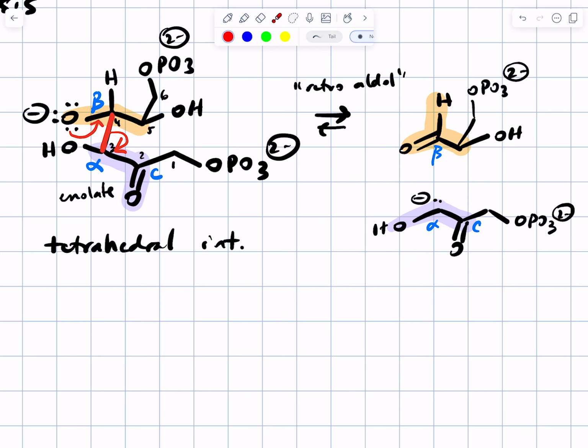This one, once we protonate on the alpha carbon, happens to be called dihydroxyacetone phosphate. You can actually isomerize this one into that one. So this allows you to clip what used to be glucose into 2 identical pieces, which you can then use. That way, in all the downstream reactions, you don't need 2 different sets of enzymes to handle the 2 pieces. They actually become the same piece, and then you move forward from there.